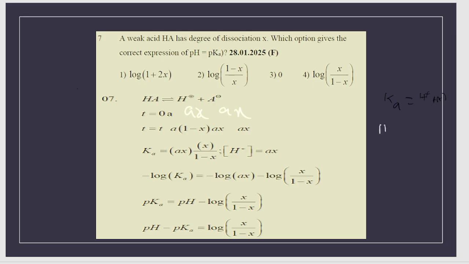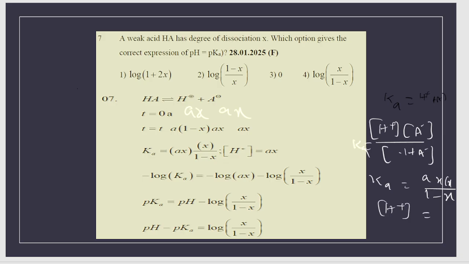H plus ion concentration into A minus ion concentration divided by HA concentration is nothing but Ka. So Ka, you will get it as AX into X divided by 1 minus X. Okay, and here H plus ion concentration is nothing but AX.